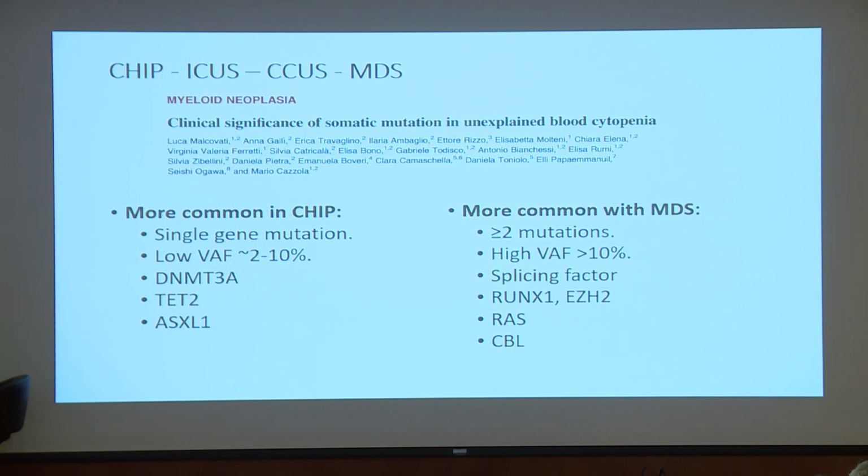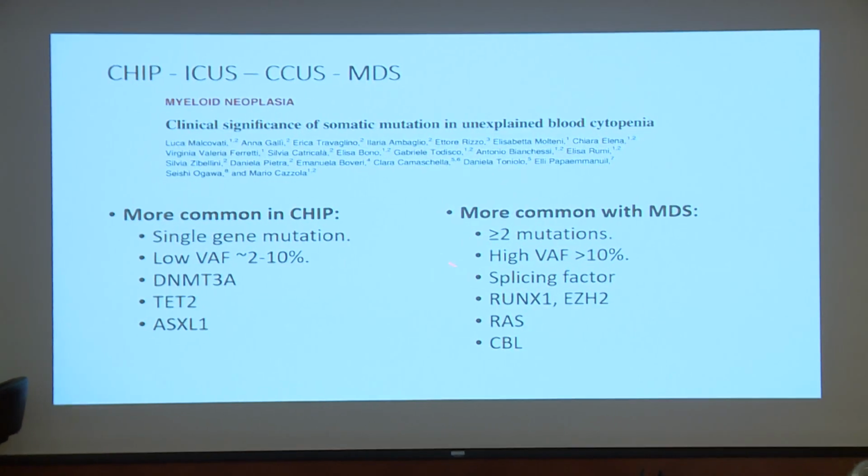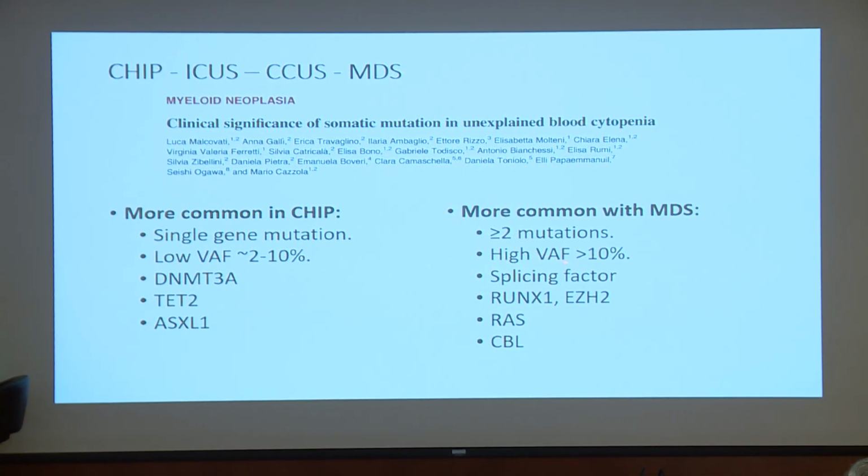The more common gene mutations are DNMT3A, TET2, and ASXL1. While in MDS or even CCUS, usually there are more than 2 mutations with high allelic frequency, usually more than 10%, and they involve more specific subclasses of genes: splicing factors, EZH2, RUNX1, and epigenetic factors.